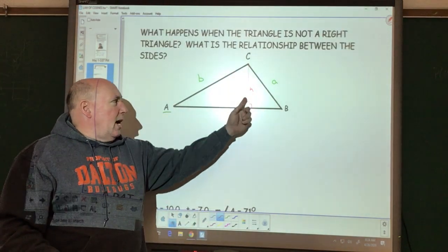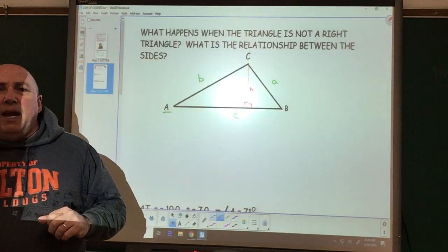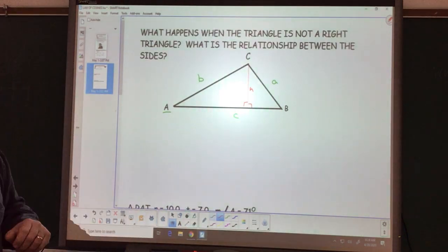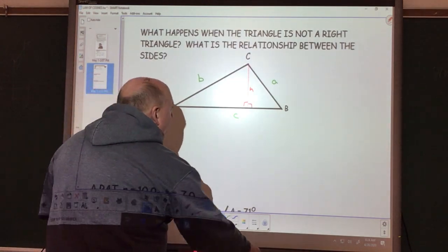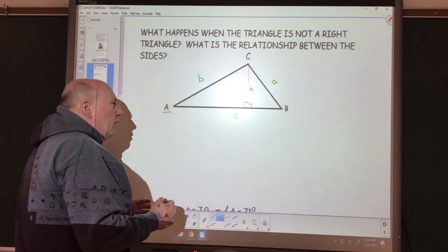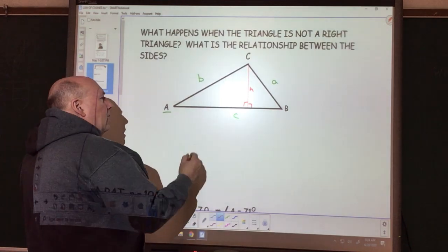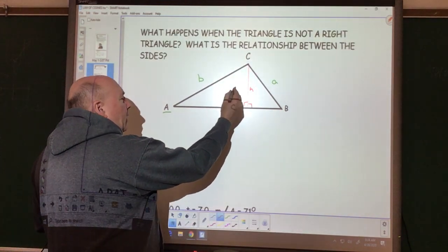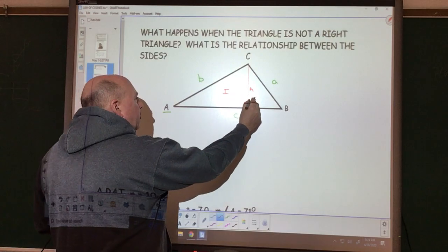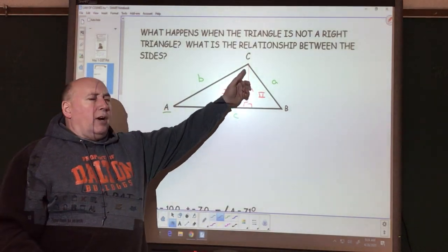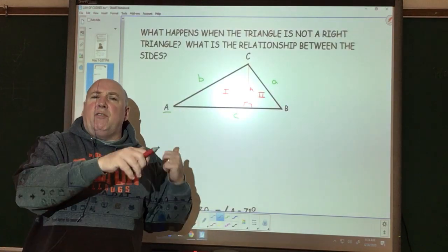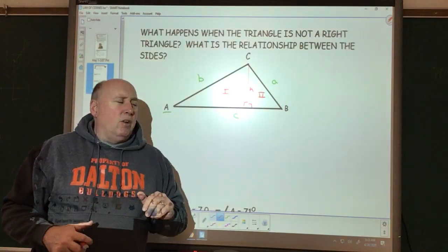So I just drew a line down here and called this my h, my altitude here. The other thing we're going to have to add in here is some extra little values, because what I've created is two right triangles. And if I have right triangles, I have all the ideas from the other side that I can utilize.